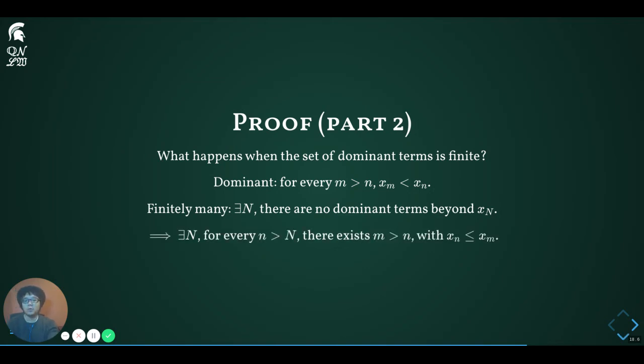Translating this into the negation of the definition of dominance, we see that this means that once a certain capital N is reached, for every subsequent x sub n, we can find an even later x sub m that is bigger than x sub n. Take a minute to convince yourself that this is indeed the same as negating the definition for dominant terms.